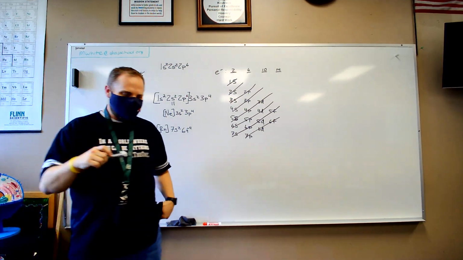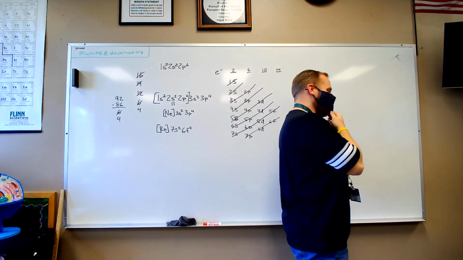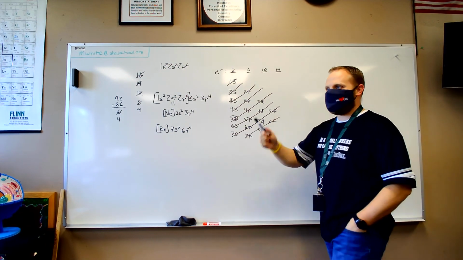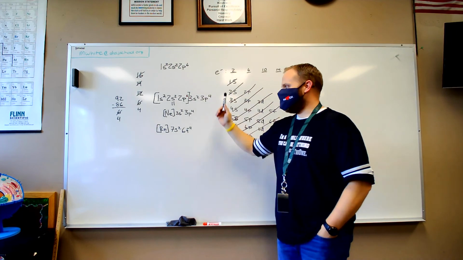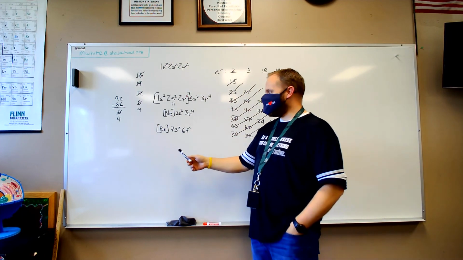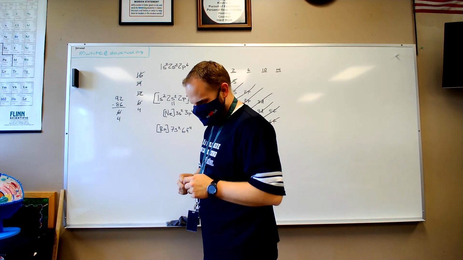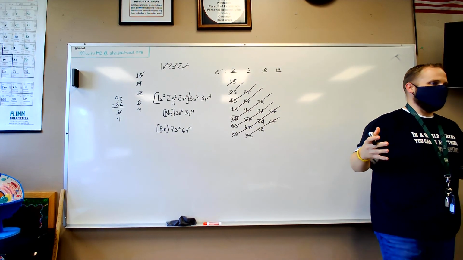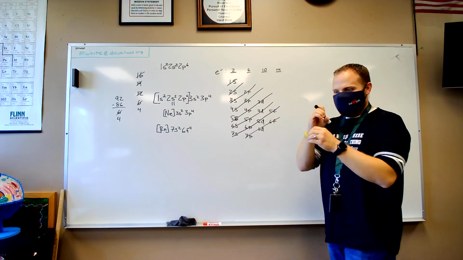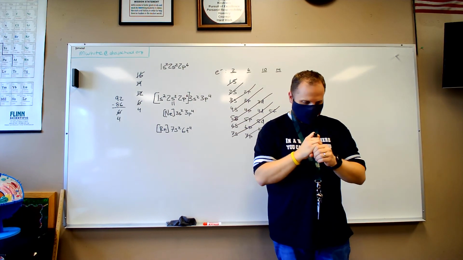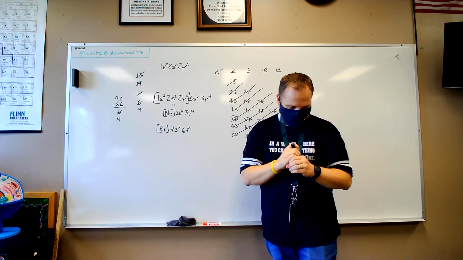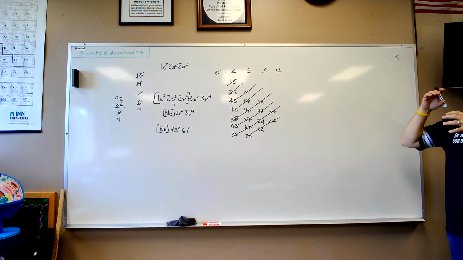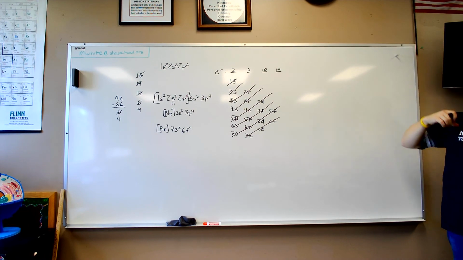Anyway, valence electrons. Anything in this electron configuration past a noble gas configuration is considered a valence electron. It's the outermost electrons. Because what's happening, we have the lowest level of electrons, and they build on each other.